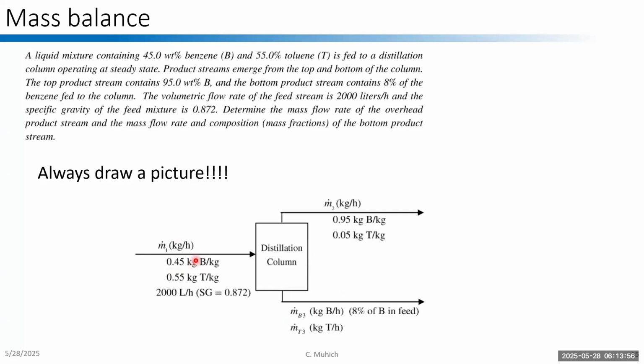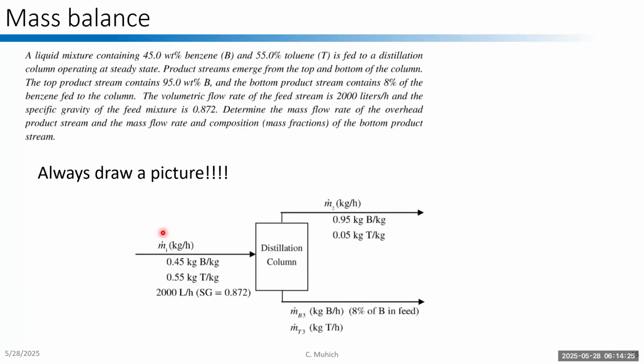I was told in looking at the inlet stream that my liquid is 45 weight percent benzene and 55% toluene. So I can write that down here: 0.45 kilograms of benzene for every kilogram of this stream, and 0.55 kilograms toluene per kilogram of the stream entering.